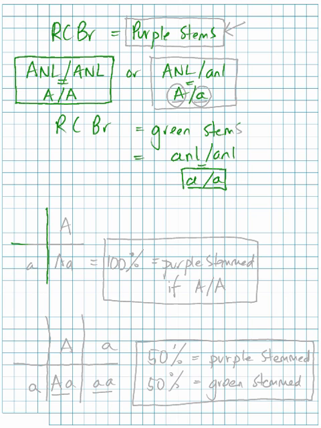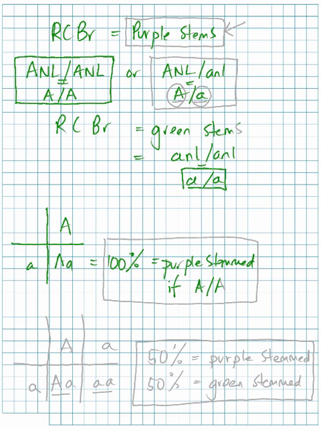So if we set that one up, then we would put big A, little a down here, and we would see that 100% would be purple stemmed. That is if the purple stemmed parent was big A slash big A, the uppercase ones.